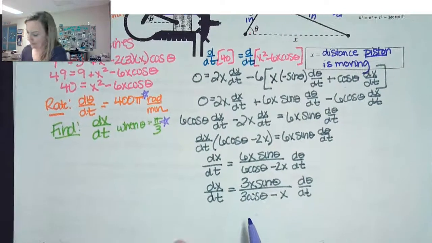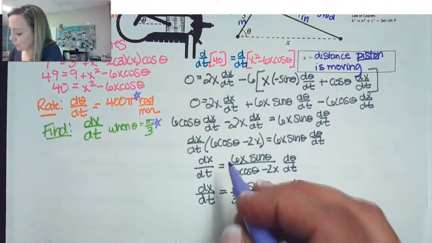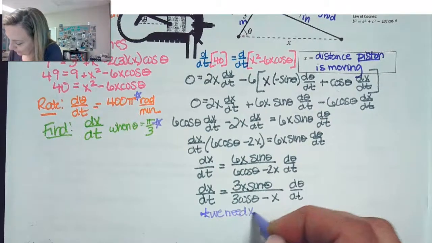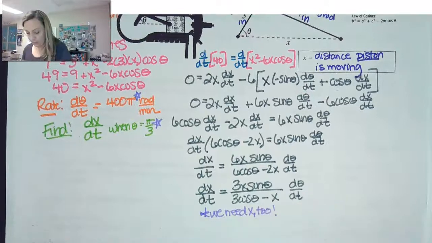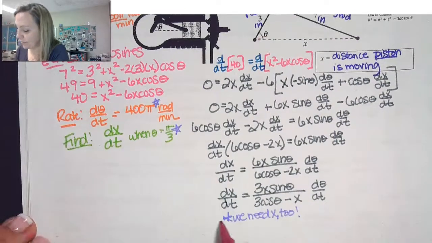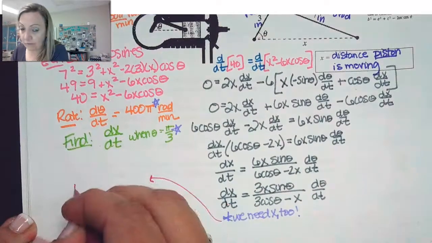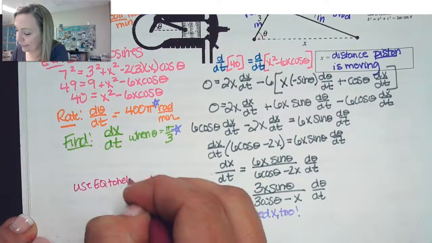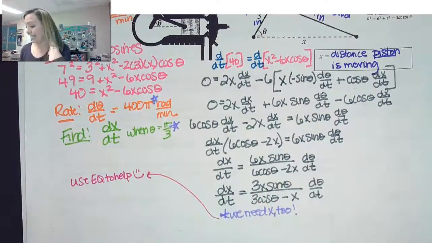We don't have x, so we're going to need to find that somehow. Again, we can use the equation to help now that it's legal. After we differentiate, now it's legal for me to use the equation to help.